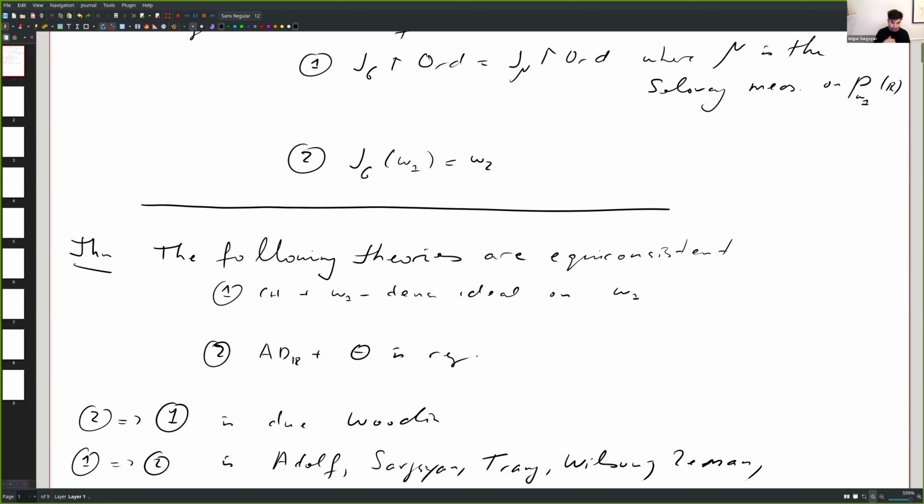The method is called core model induction because you were inductively building the core model. In the early days, when the theory was being developed, it was unclear that you could do 1 to 2 without assuming this hypothesis. There was always this extra hypothesis that the embedding restricted to the ordinals is independent of the generic.